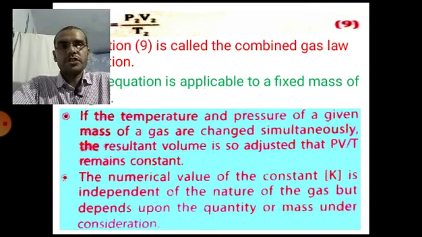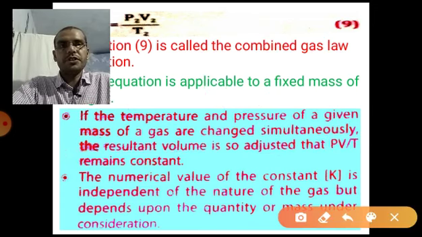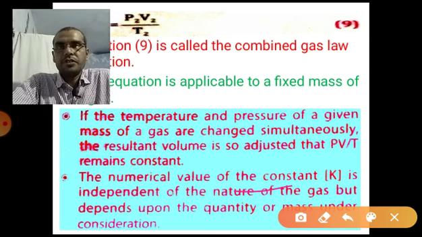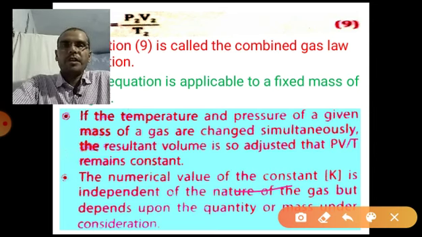Now the next point, the numerical value of the constant K is independent of the nature of the gas. It does not depend on the nature of the gas, so it is applicable for hydrogen, helium, oxygen, all types of gas. But it depends on the quantity or the mass of the gas under consideration.